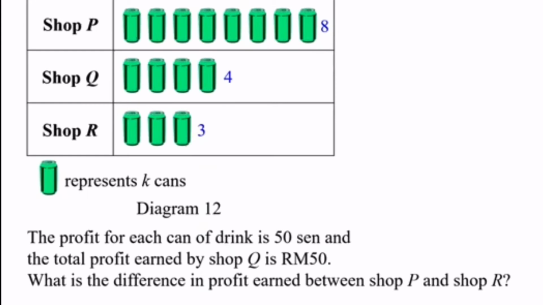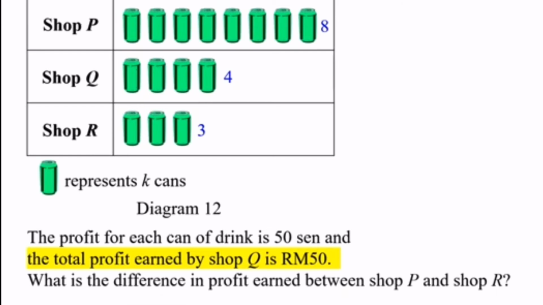So let's see how to solve this question. This is actually basic mathematics in Form 1 to Form 3. So first of all, you label the number of cans, 8, 4, and 3. So the total number of the cans 3 plus 4 plus 8, so is actually 7 plus 8, so 15.